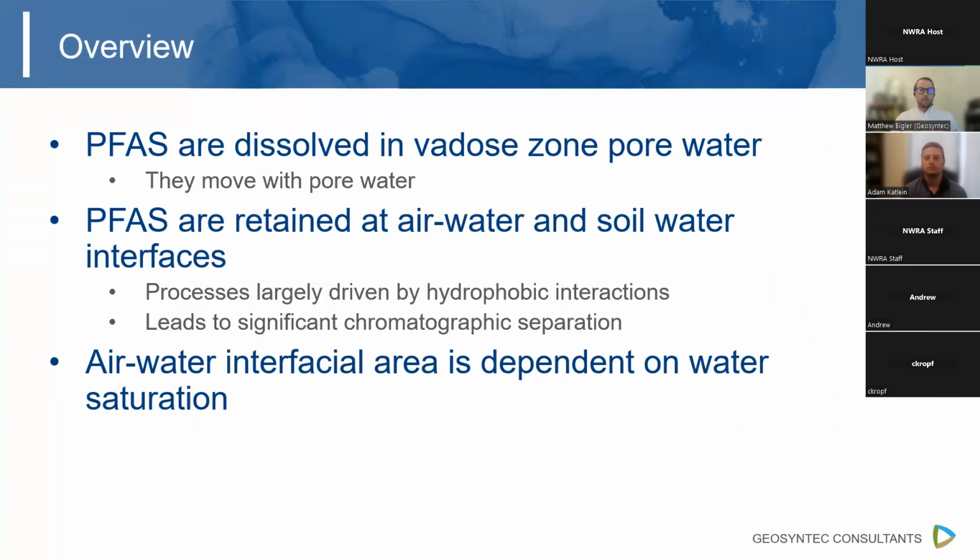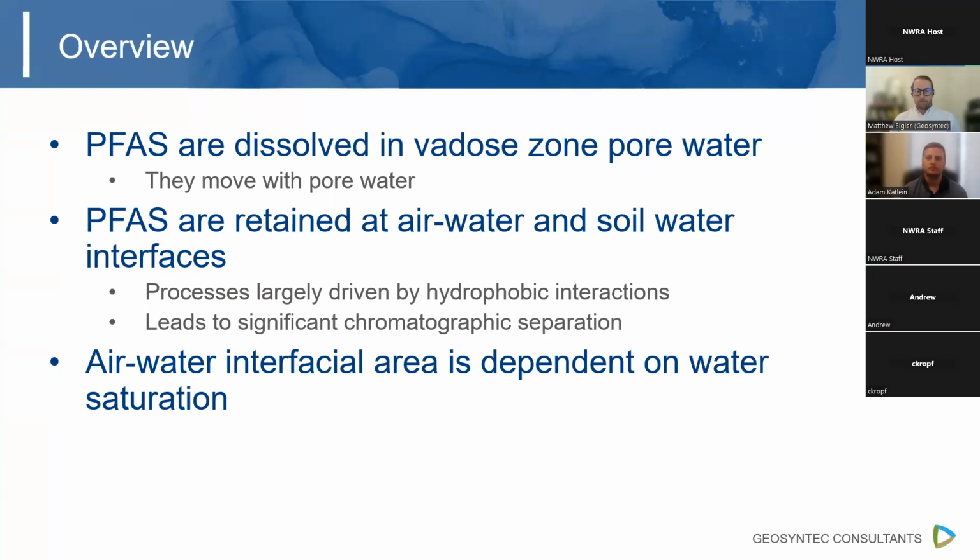So generally, just to give a brief overview, our PFAS are dissolved in our vadose zone pore water, and they move with the pore water. Again, this is a really important concept, especially here in the arid Southwest, in Nevada and Arizona. We have to really think about where the water is moving, and I'll talk about that shortly. But also, our PFAS is retained at our air water and our soil water interfaces.